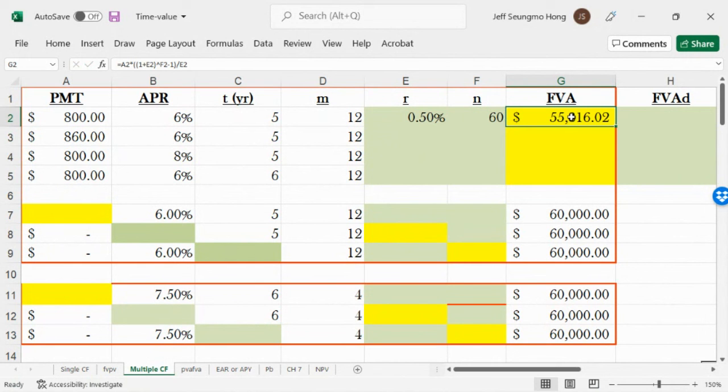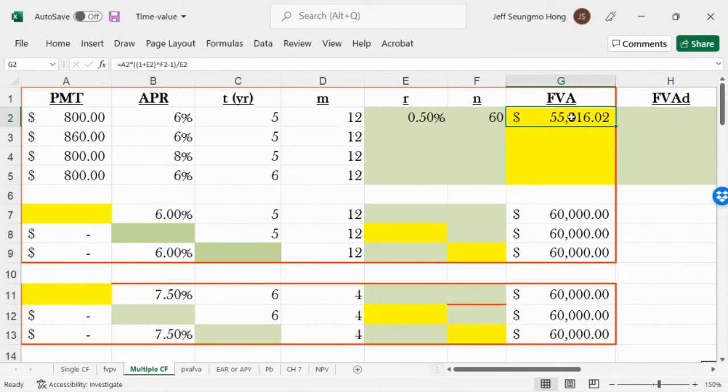Why? The question was what? How much do you need to fund your graduate program, fund your MBA program for 2 years? What was the target future value? You forgot? 60,000, I believe.